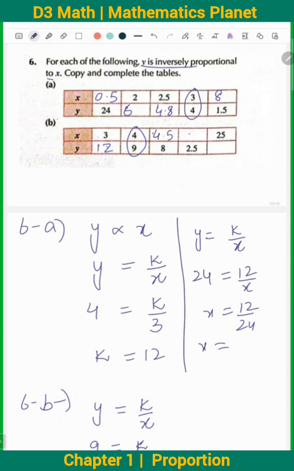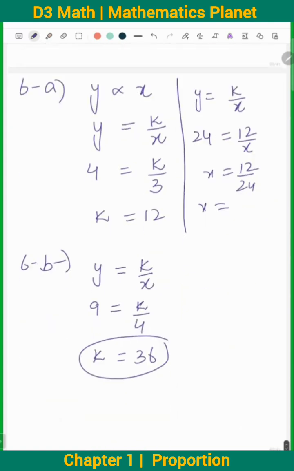Next. Number 4. 14.4. Last one. 1.44. Okay, class, you can cross check these calculations later.